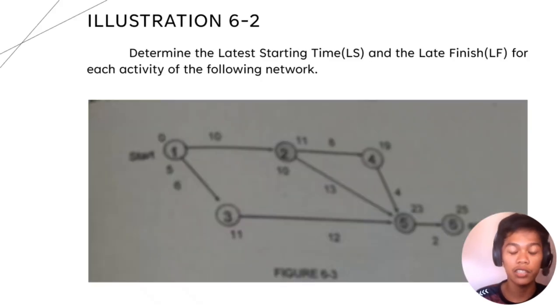Illustration 6-2: Determine the latest starting time LS and the latest finish LF for each activity of the following network.